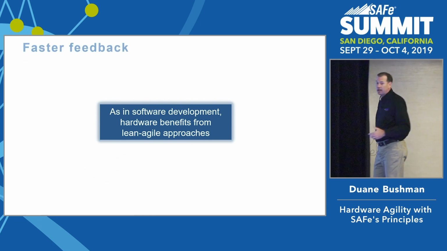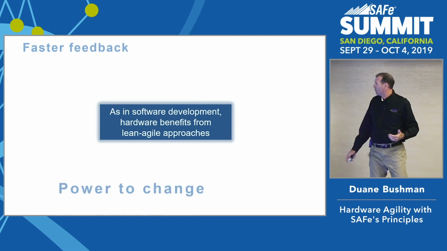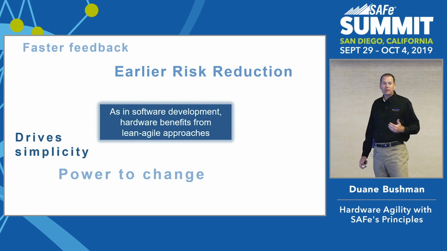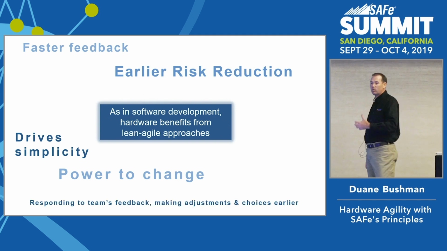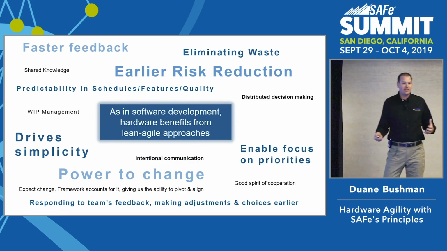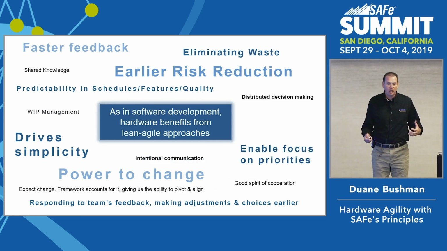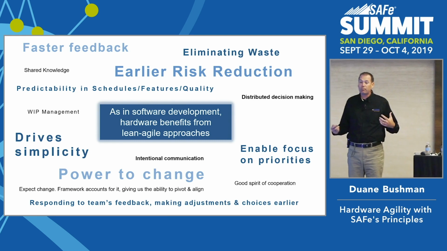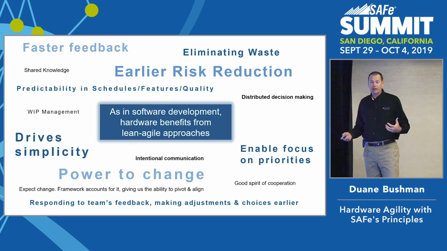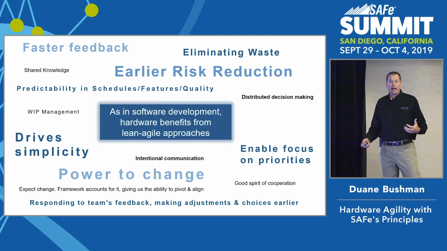We started hearing things like: we got faster feedback, the power to change, earlier risk reduction, drives simplicity. You mean it's not just software that can benefit from all of these great phrases? These were coming from our practitioners, our engineers, our people on the trains. So we've clearly uncovered that agility really does apply.